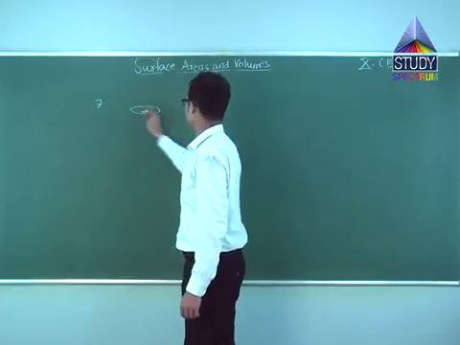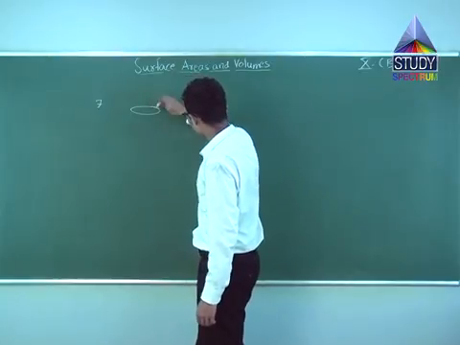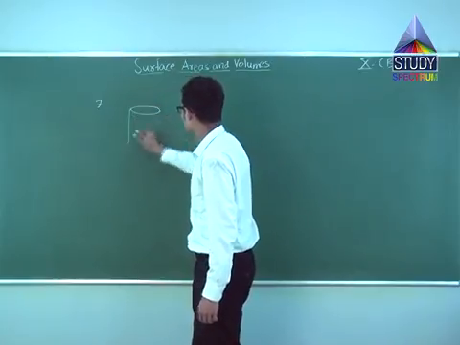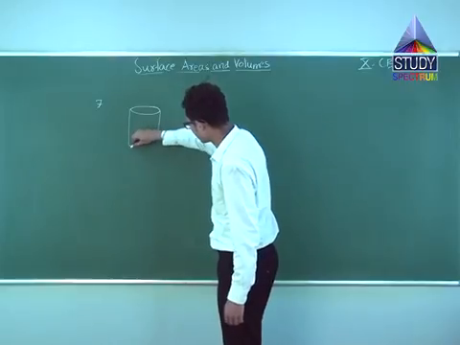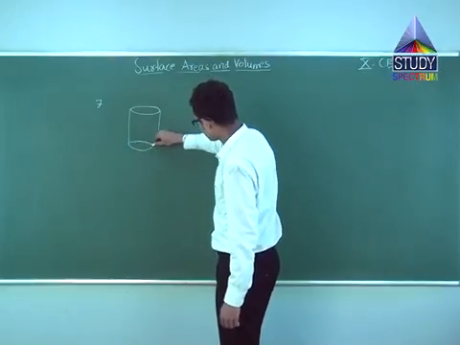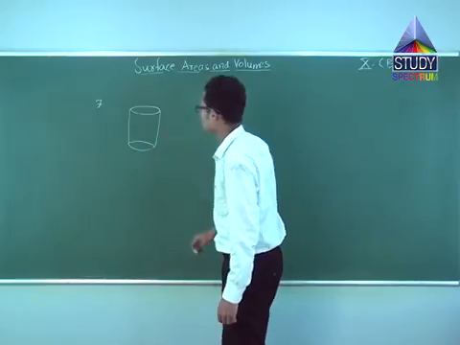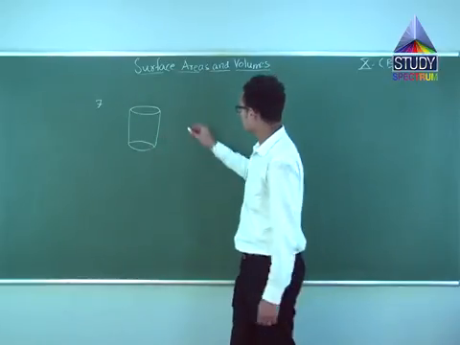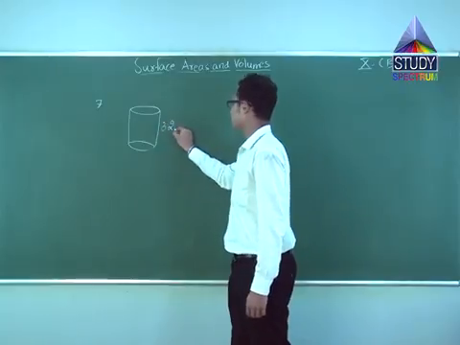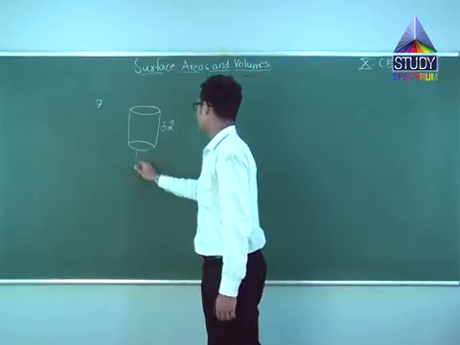You have a solid object which has sand in it, like this. The solid object is in the form of a cylinder whose dimensions are 32 and 18 in centimeters.